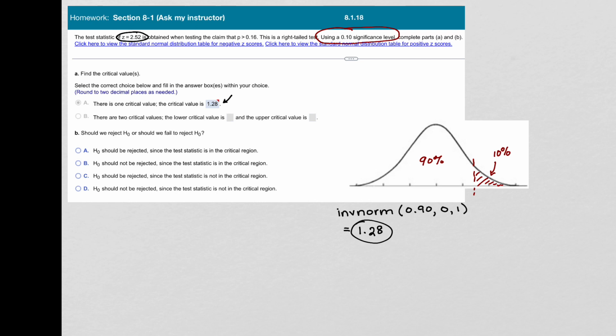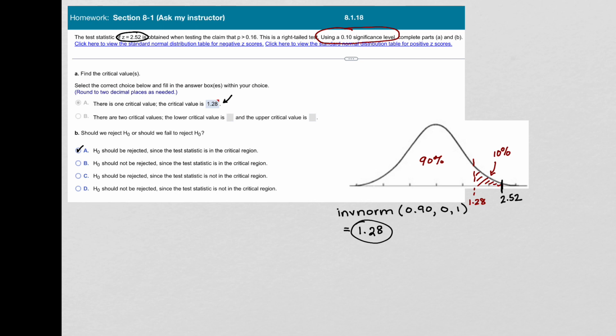Our critical value is 1.28. Then the test statistic is going to be about here at 2.52. That is in the rejection region, so the null hypothesis should be rejected since the test statistic is in the critical region, and so A is the correct answer there.